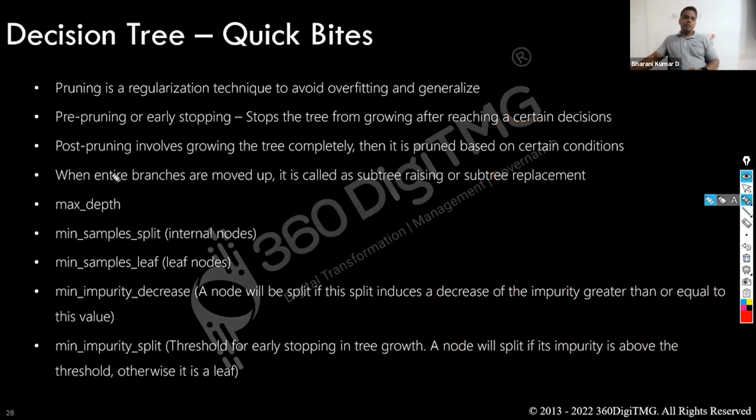Then we also have something called post-pruning. Post-pruning means let the tree grow completely and then apply your rules on that. It will not stop prematurely. It will continue to grow completely, and then you apply the rule. If the error value is less than some number, you stop. Then it will go up. That's post-pruning.